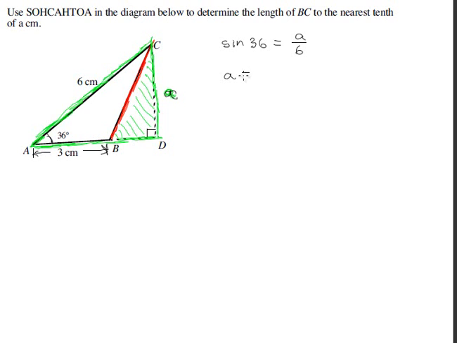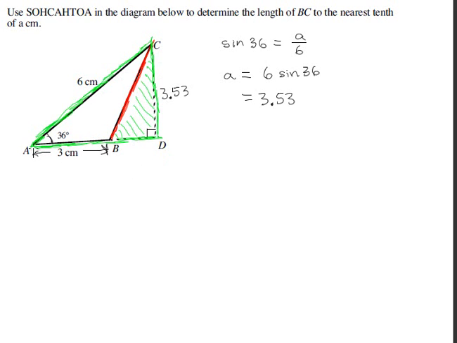So side A is 6 sine 36. Sine 36 times 6 is 3.53. We'll get rid of that A since it's not an unknown anymore. That side is 3.53 centimeters long.